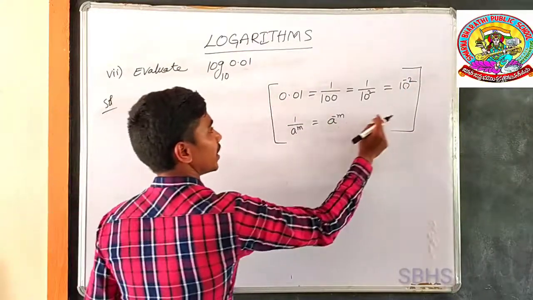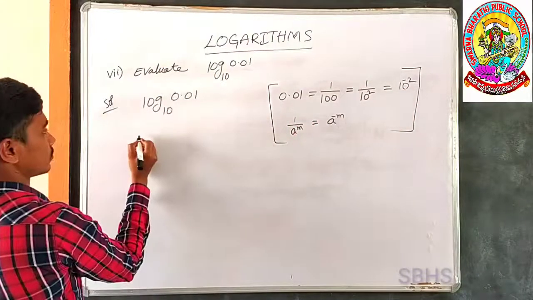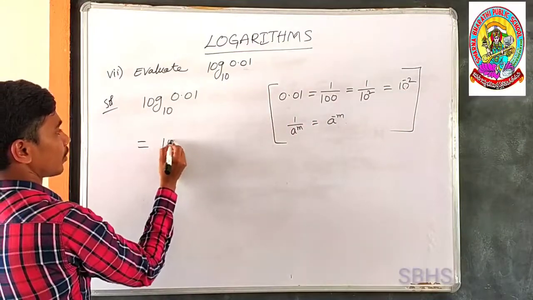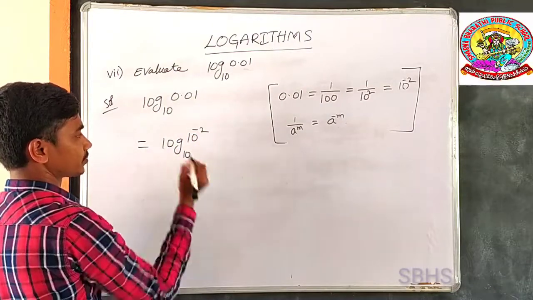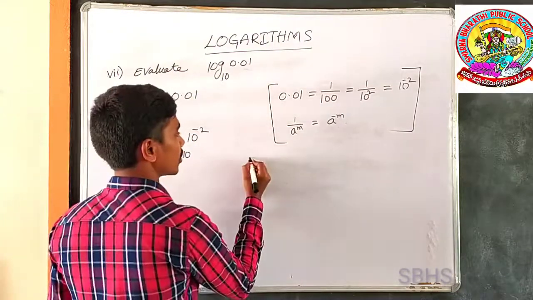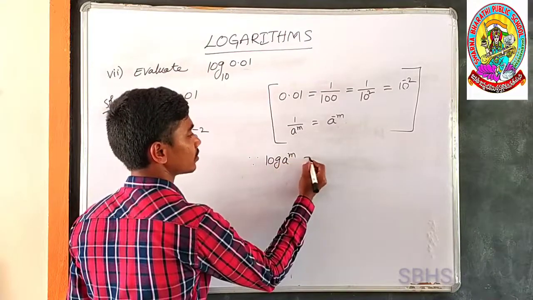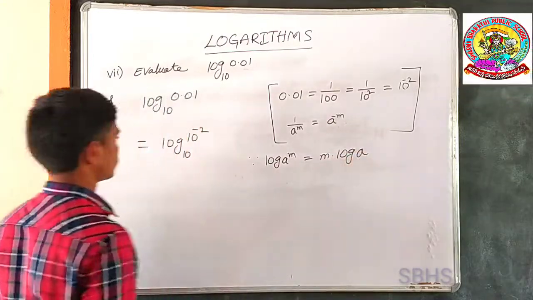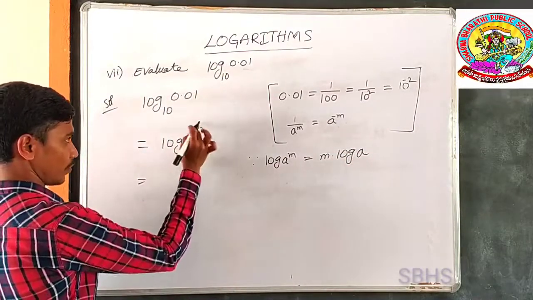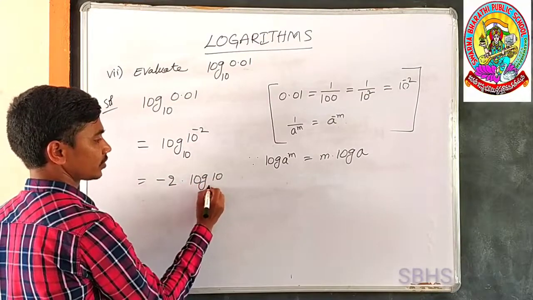0.01 is expressed in the form of 10 power minus 2. So log of 10 power minus 2 to the base 10. Once memorize, log a power m is equals to m into log a. So minus 2 into log 10 to the base 10.